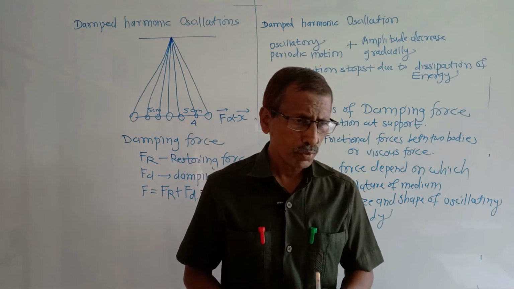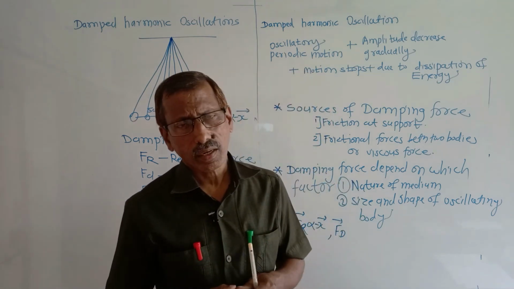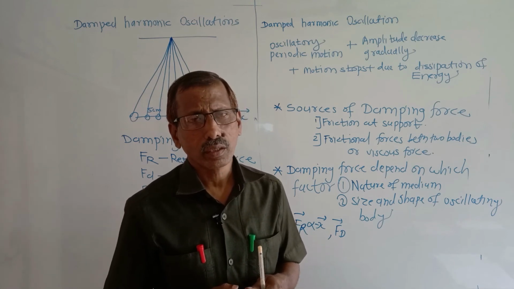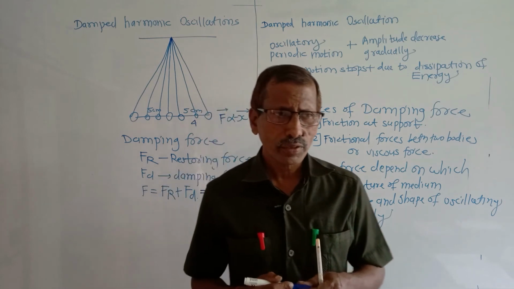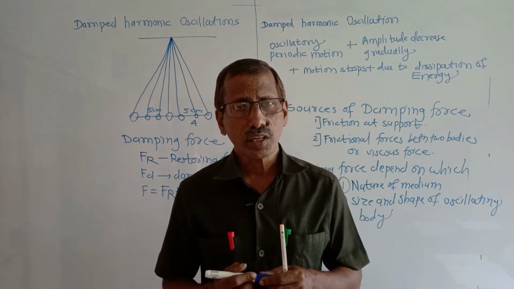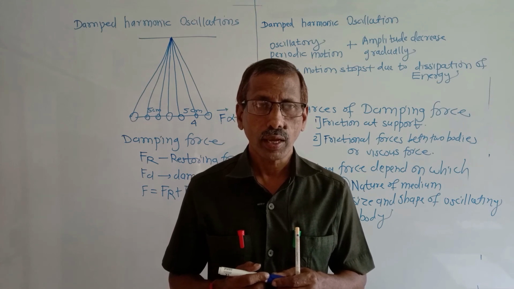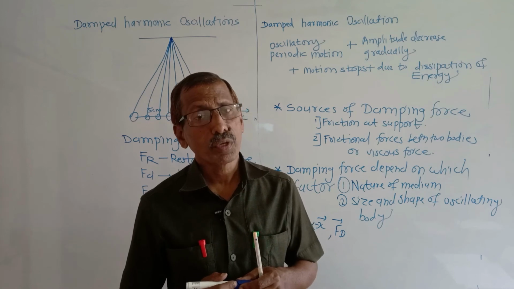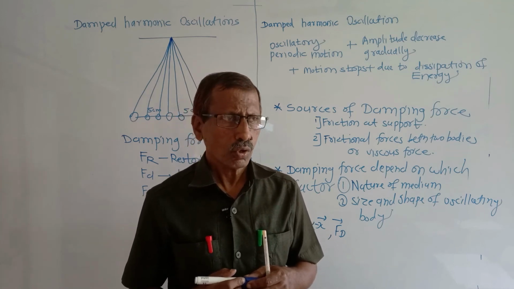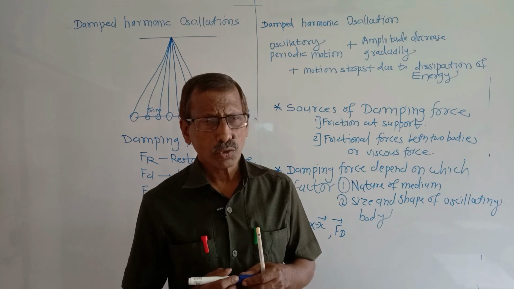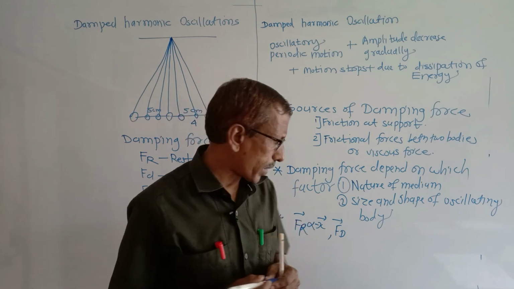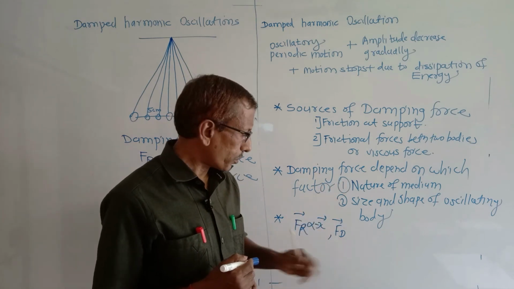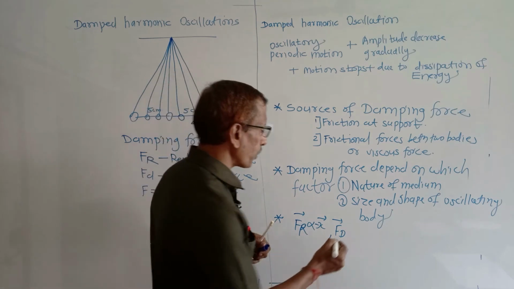When we increase the speed of a vehicle, we observe that the frictional force between the surface of the road and the wheels of the vehicle also increases. So when the body is oscillating with high velocity, the damping force also increases. So damping force is a function of velocity.